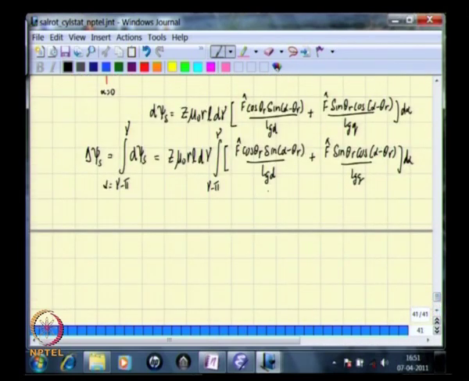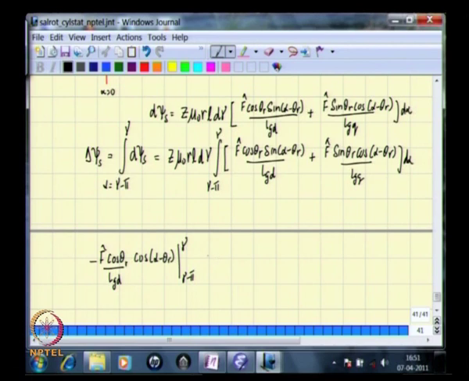And now let us do this integration. The first term will have f hat cos theta r, the integral of sine is minus cos of alpha minus theta r, with LGD, going from gamma minus pi to gamma.